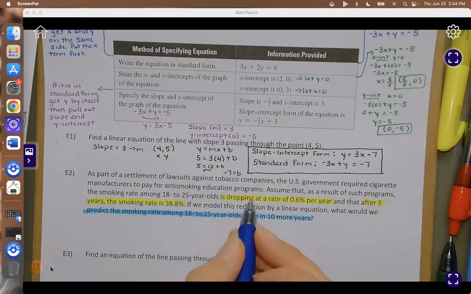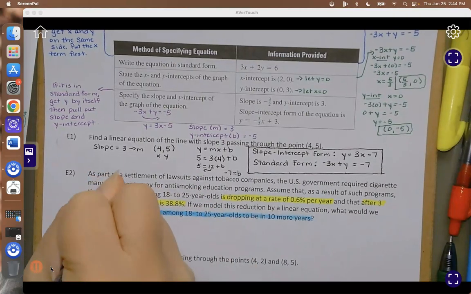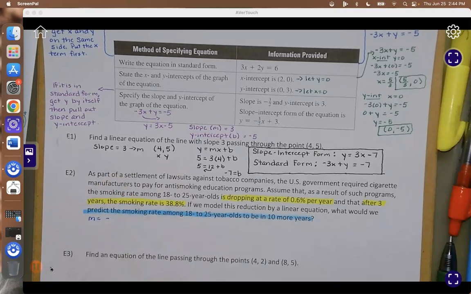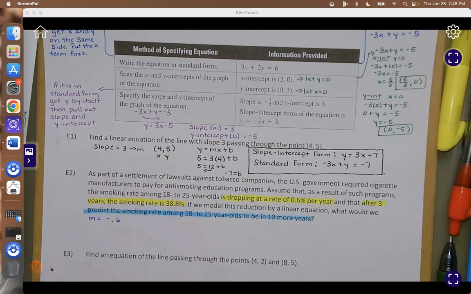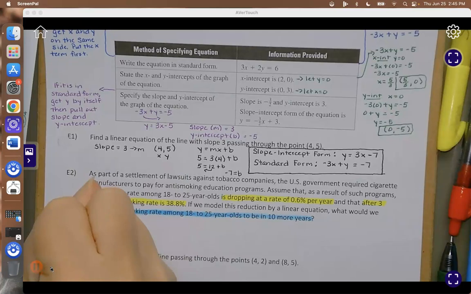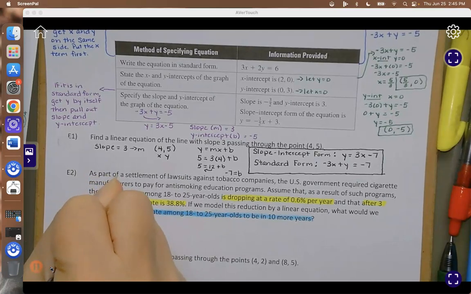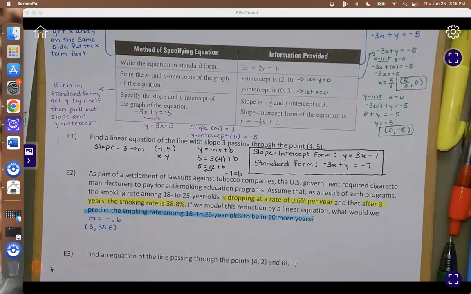So the first thing that they gave us is that our slope is dropping. So that means it's negative. It's negative 0.6. Then our ordered pair that they gave us is 3 and 38.8.